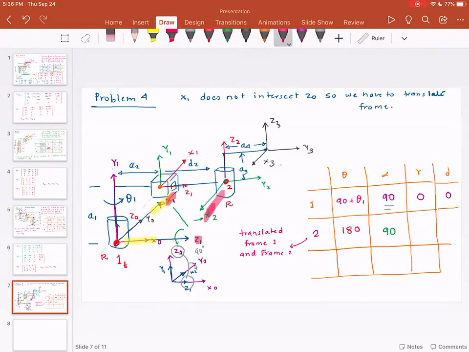That distance is going to be 0. But let's look at the distance between frame 2 and frame 1 translated along Z1, and that is A2 plus D2.